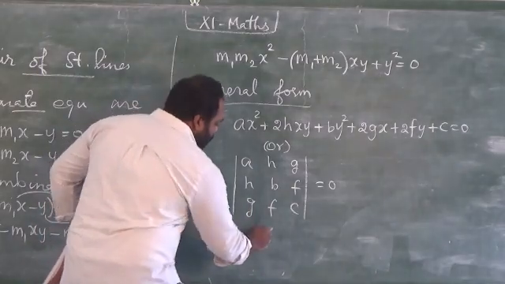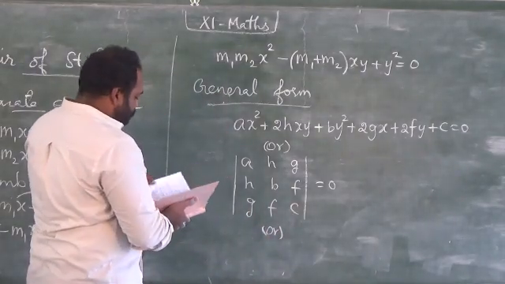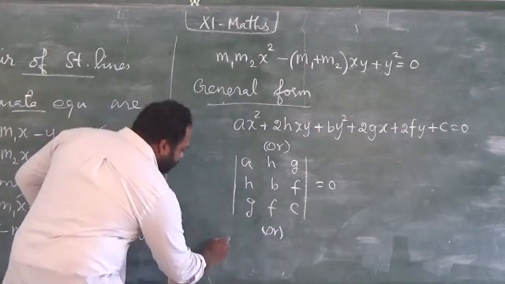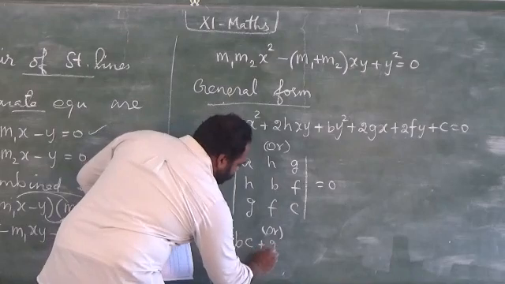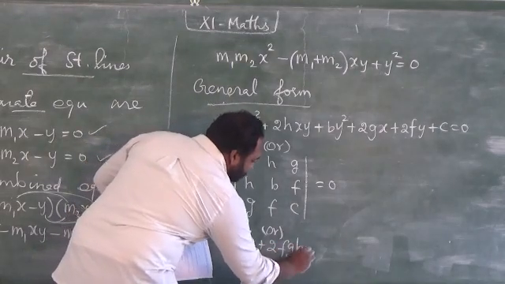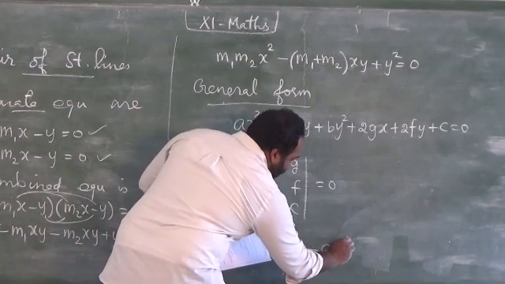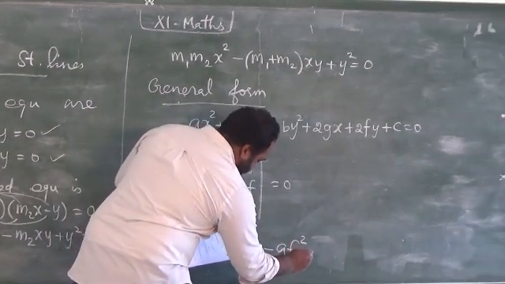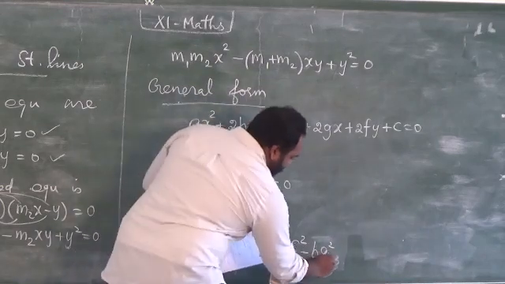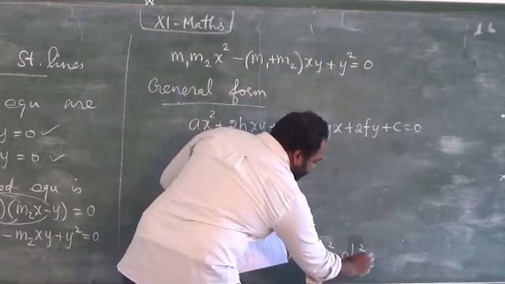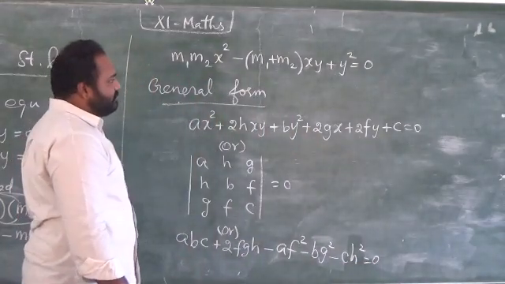One more also there: abc plus 2fgh minus af square minus bg square minus ch square equal to 0. So we have three types of general formulas.